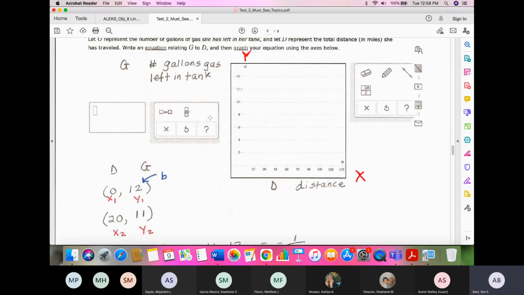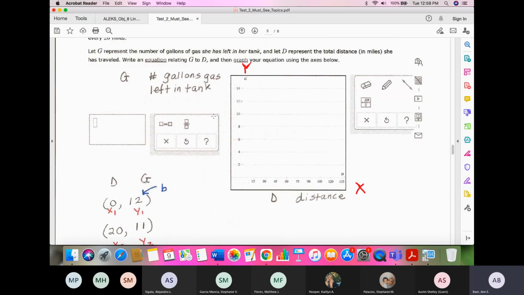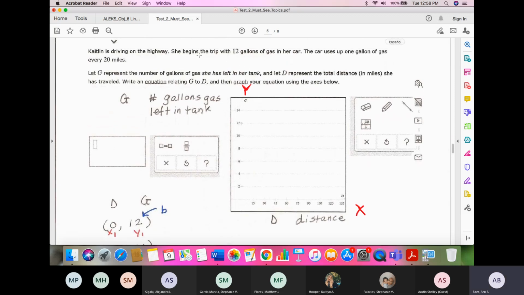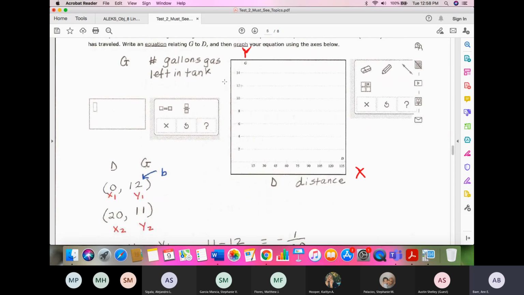That means we want to find what the G is. That's the number of gallons she has left in her tank. She begins the trip with 12 gallons. If her car is still in the garage, all 12 gallons are still in that tank, which is why this is 12.